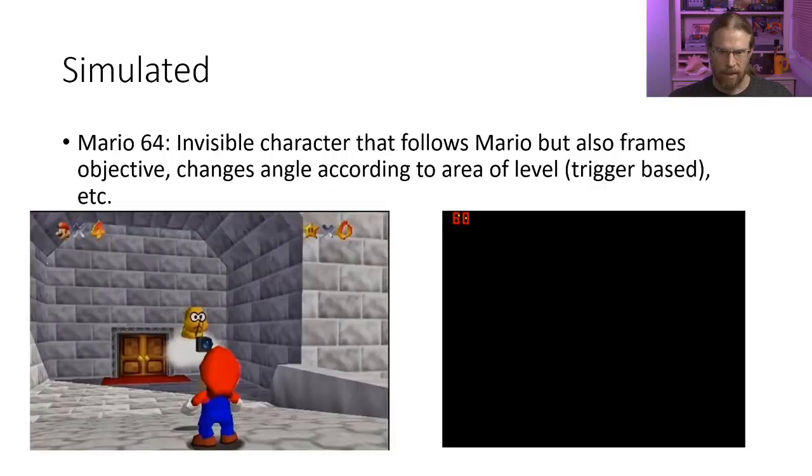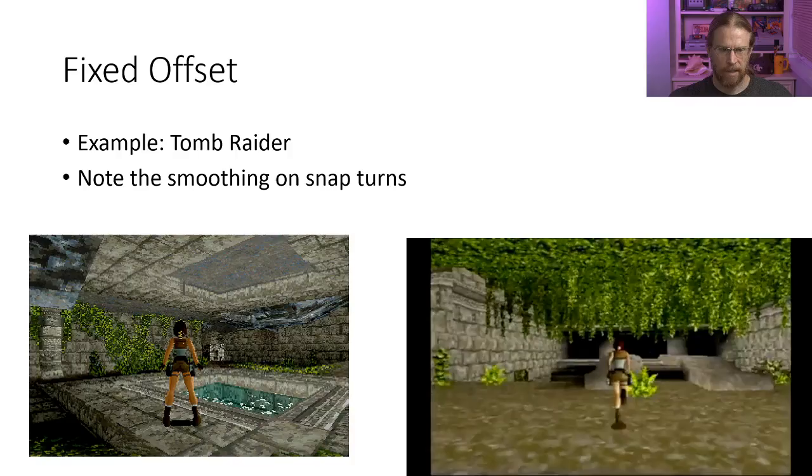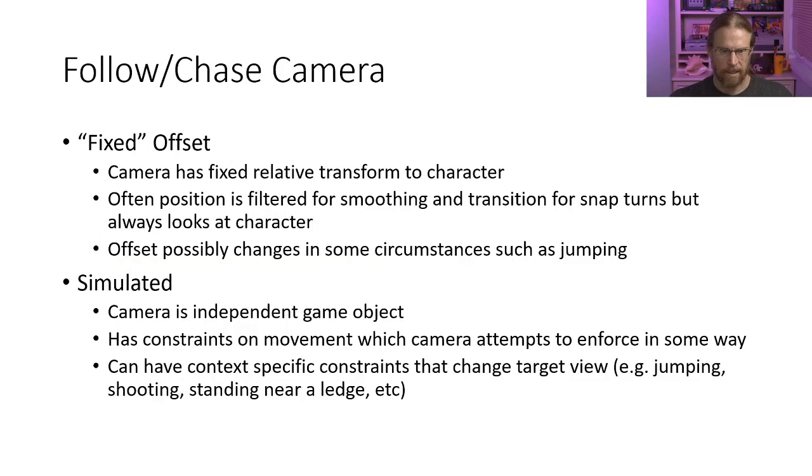And so the next example is a simulated camera. Actually, let me go back to the text here. The camera is going to work as an independent game object, and this has constraints on movement. For instance, the camera will try to only move at certain speeds, and might have context specific constraints.